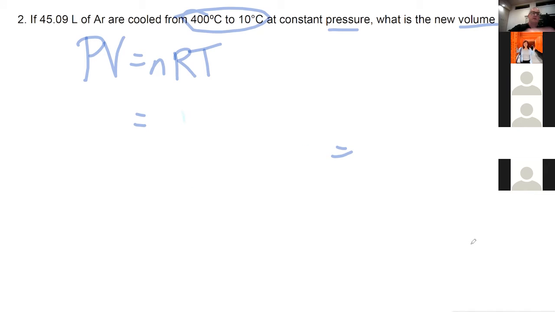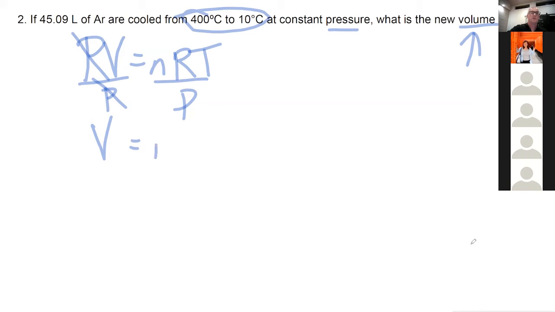So I've got my old PV=nRT here, and we're solving for volume. I'm going to put V by itself, so I'll divide both sides by P. That gives me volume equals nRT divided by P. But T is going to be changing, so I want to put V and T on the same side of the equation.